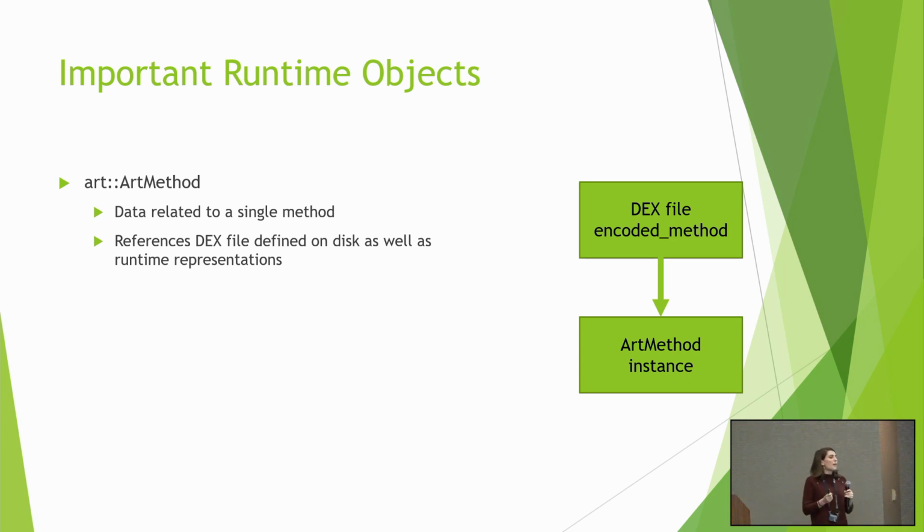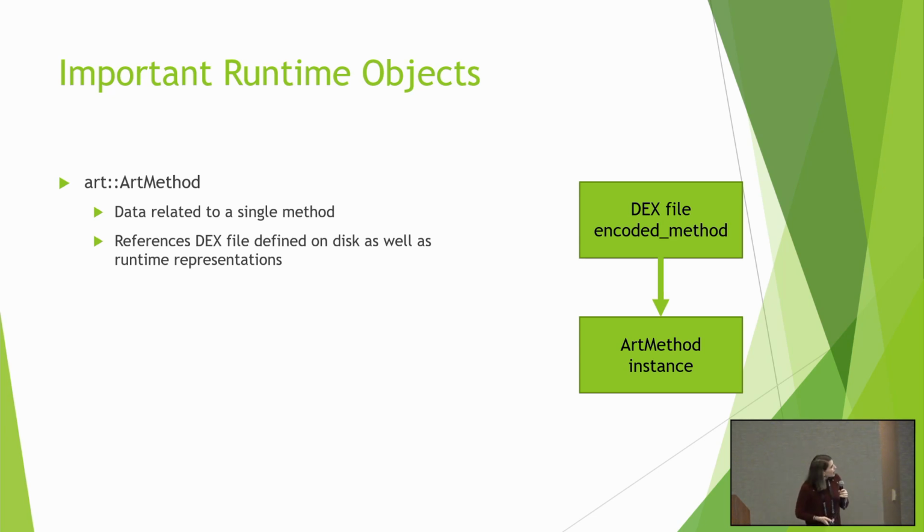So each method that's defined inside of your dex file, inside of your application, is actually going to get its own ART method instance while it's running. So this is defined in a Java class, so if you're familiar with object-oriented programming, you have your method defined on disk, then you get an instance of that Java class for every single method inside of that original dex file.